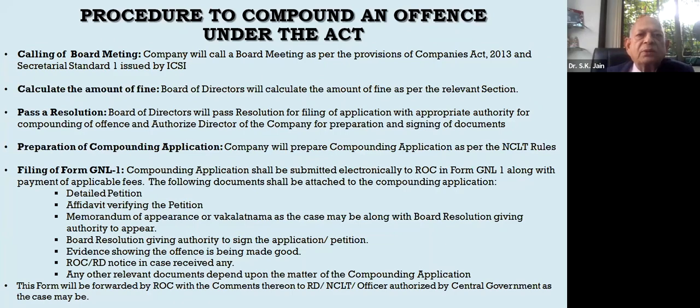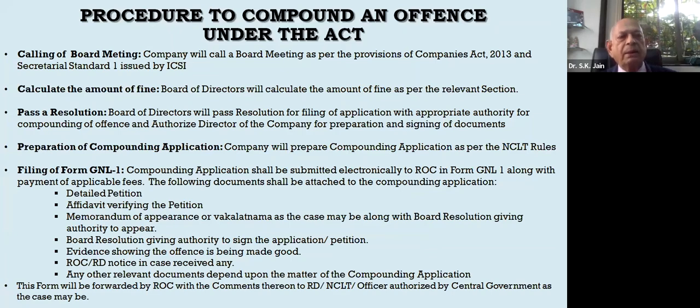Now, the procedure to compound an offence. What is the procedure which is to be followed? First, if the company is involved, then the company has to call a board meeting as per the provisions of the Companies Act and Secretarial Standard 1 issued by ICSI.